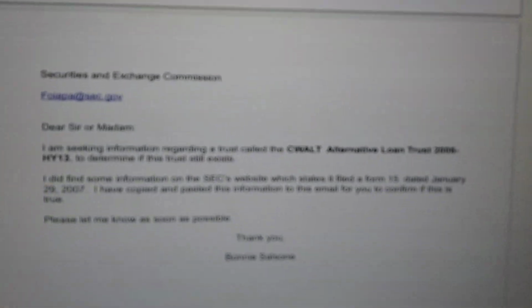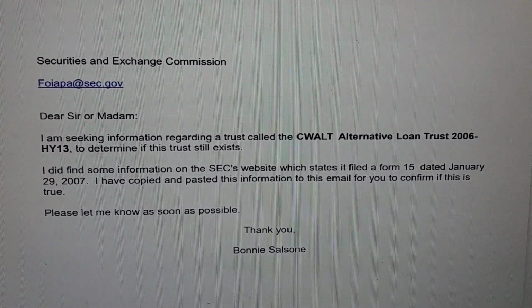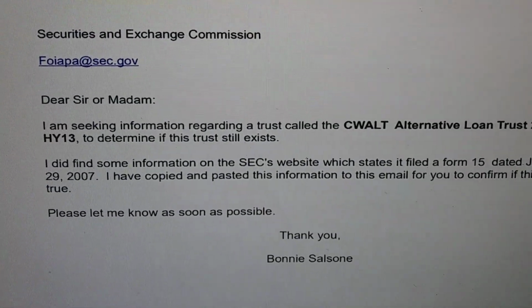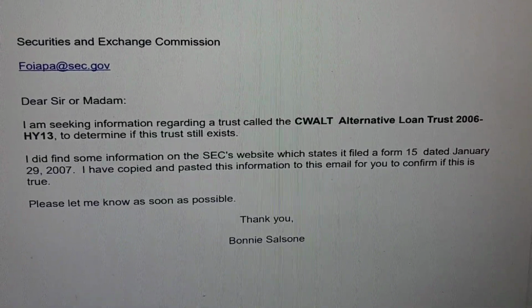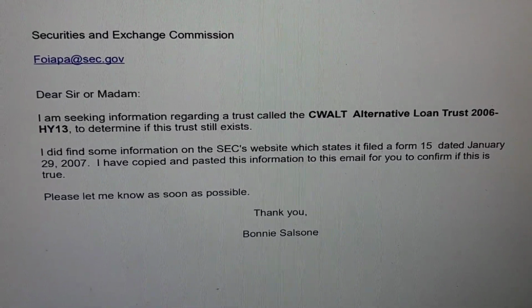Okay, one more last thing, guys. The email request to the Securities and Exchange Commission, FOIAPA@sec.gov. And you guys, if you have information about your trust, you can also submit the same kind of email as well.